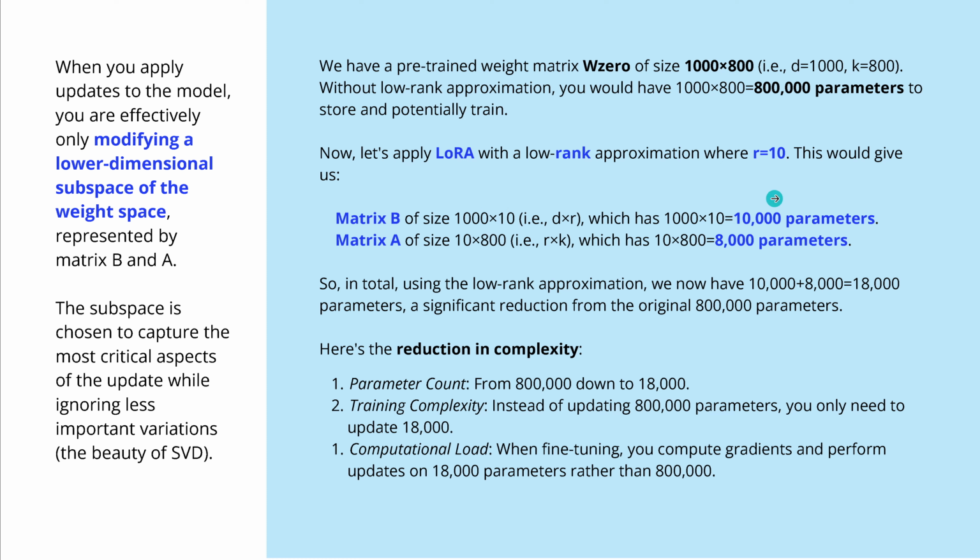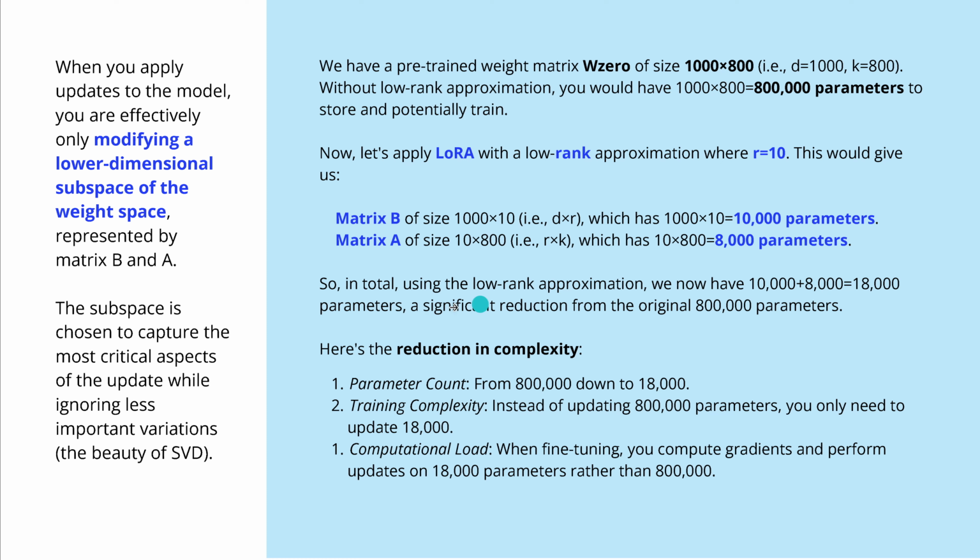So we have a 10K parameter matrix and an 8K parameter matrix. In total, if we do this more efficient fine-tuning, we now have 18,000 parameters. And this is a significant reduction from the original 800,000 parameters.